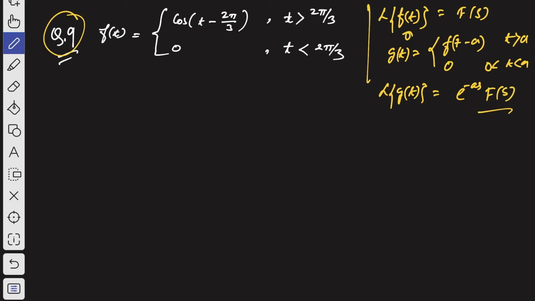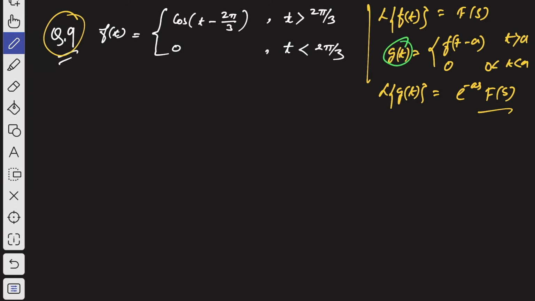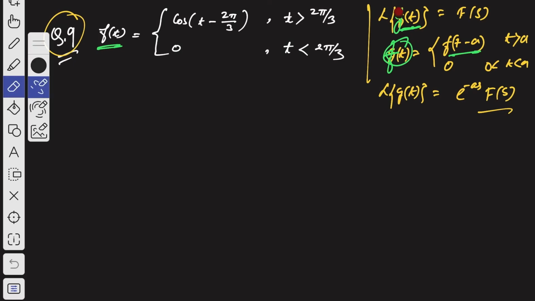So here you see, in the question, though I have written g of t here, here we have f of t, and here we have f of t minus a, and here we have taken f of t. So let us write f of t as g of t and g of t as f of t to compare with the question, right? So let me replace here g of t with f of t, and this is g of t minus a.